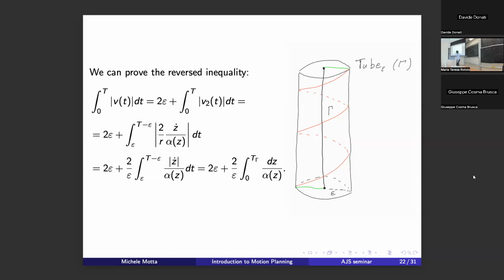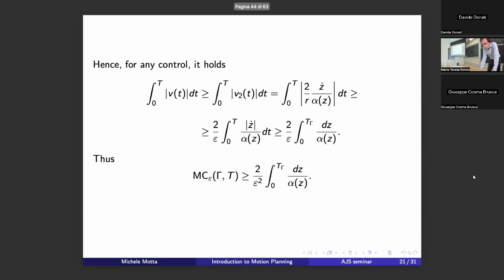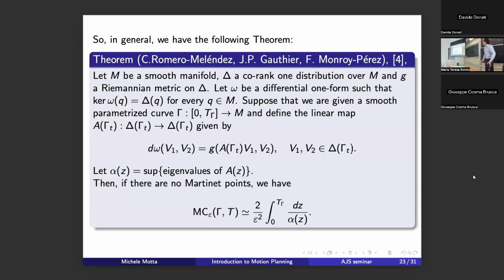Here the derivative is constant, so you can take it out. And then you have the same passage as before, but now all the inequalities that we had before are equalities. So this was a particular example.